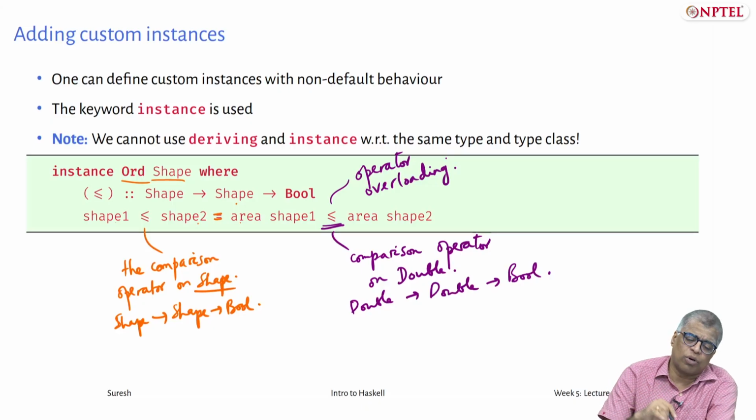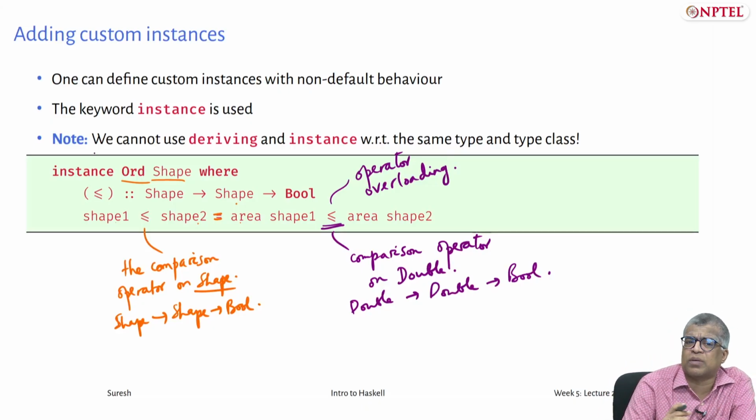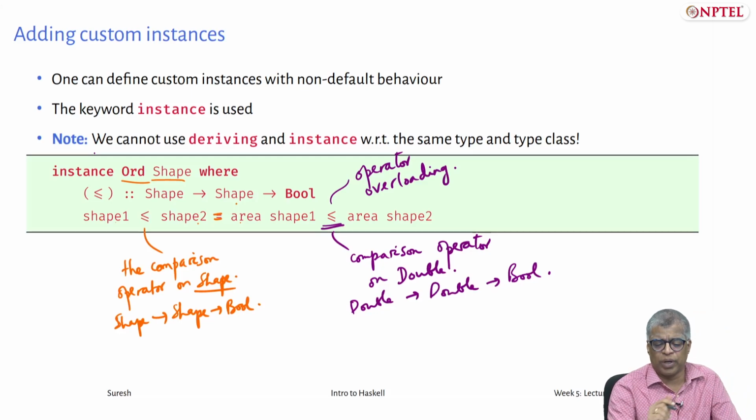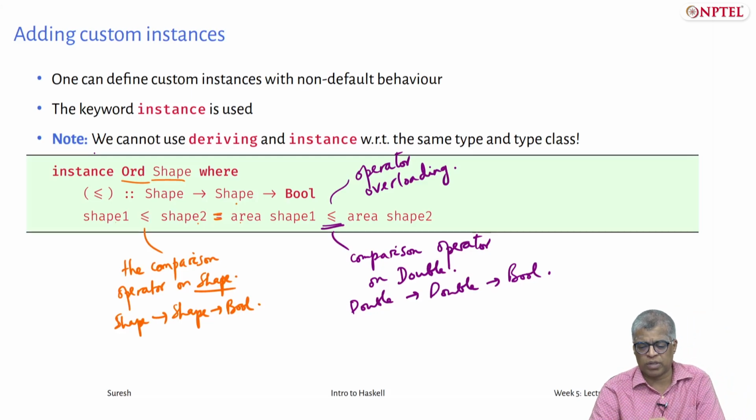The less than or equal to on Shape is where I compute the area of both and then do a less than or equal to comparison on the double values. Less than or equal to on Double is some built-in thing. I will use some hardware level operators to compare between two double precision numbers.